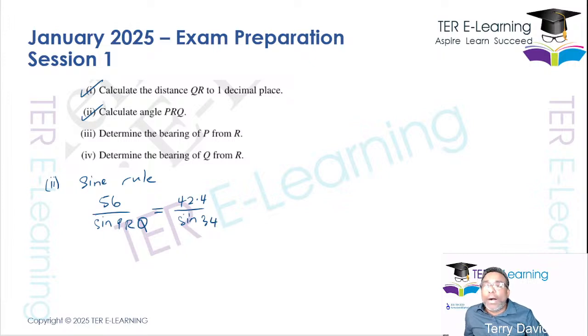When you're using the sine rule, most of the time you're going to have to cross multiply. So we're going to say 56 by this is equal to 42.4 by sine PRQ.